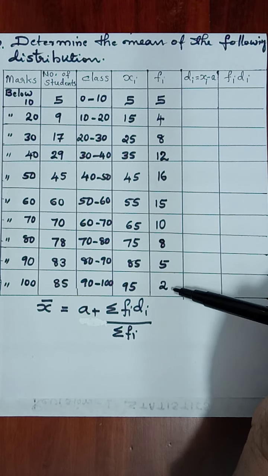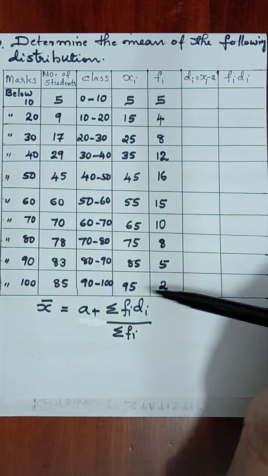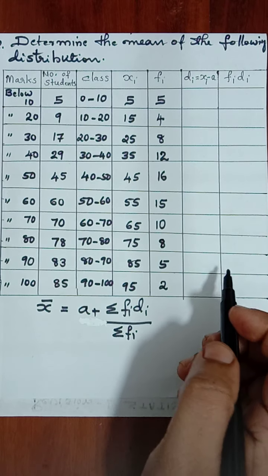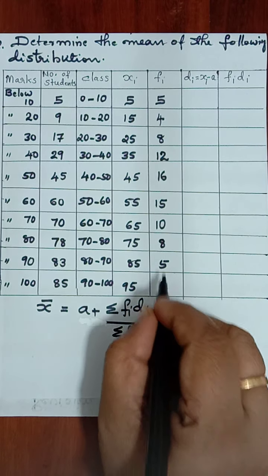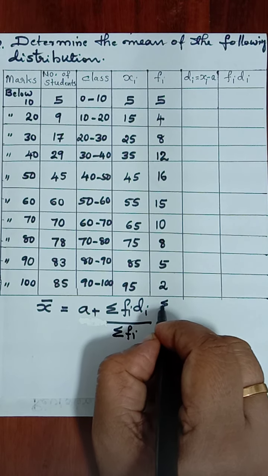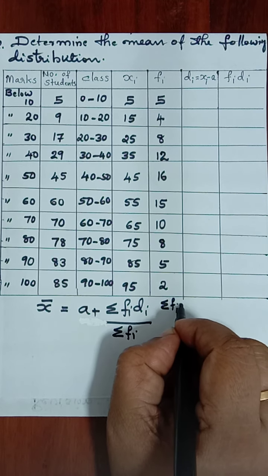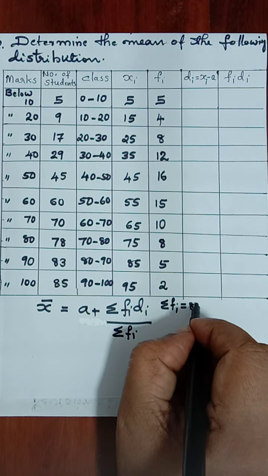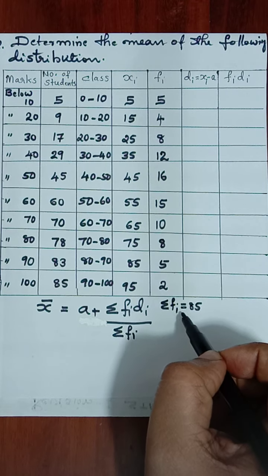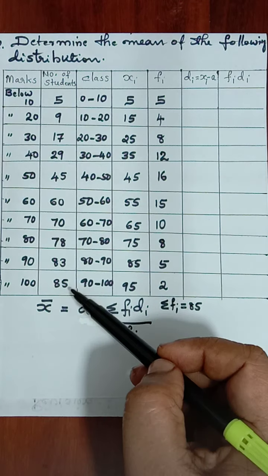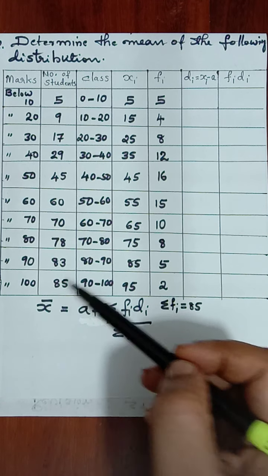You have to go on like this and check whether the sum is 85. Then you can be confident. So this column's addition we call sigma fi, that is 85. This is the value given as the last number of the CF column.